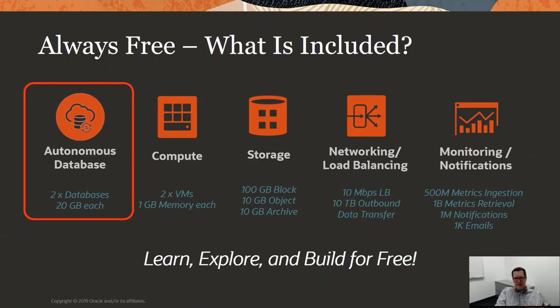Inbound data is very cheap or free, but outbound data is where cloud vendors typically charge you. We give you a good big chunk of outbound data transfer as well, and then you get some OCI monitoring service and some OCI notification service, rounding out the bundle that lets you learn, explore, and build for free as long as you want to.